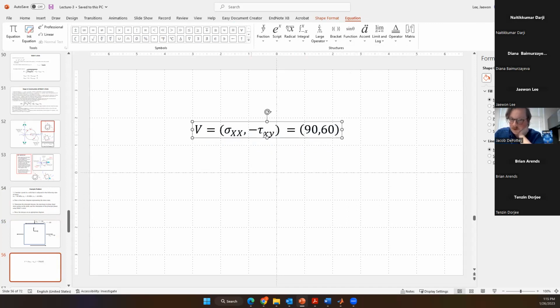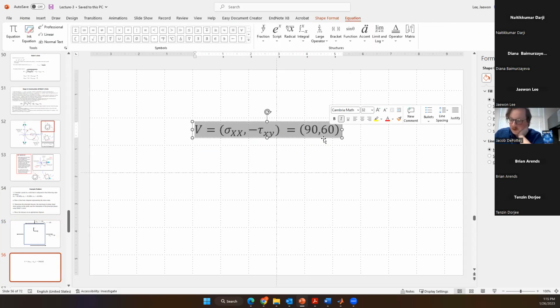Based on the definition of V, we can write the vector as 90, 60. And how about H?